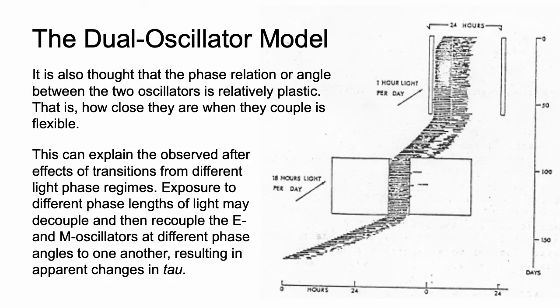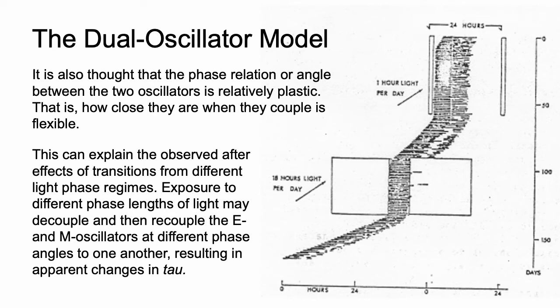Now, it's also thought that the phase relation or angle between the two oscillators is relatively plastic. So the two oscillators can couple together, but it's kind of flexible in terms of how close and how far apart they are when they couple. And so this feature explains the observation of after effects, or transitions from different light phase regimes.